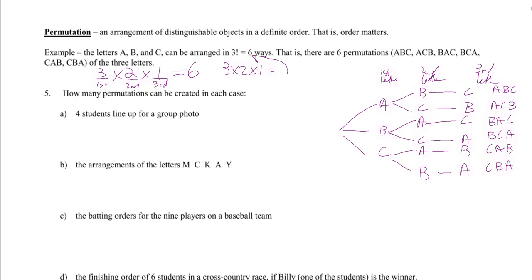All right, how many permutations? 4 students line up for a group photo. Okay, how many choices for the first student? 4. Then, what's another way to say 4 times 3 times 2 times 1? 4 exclamation mark.